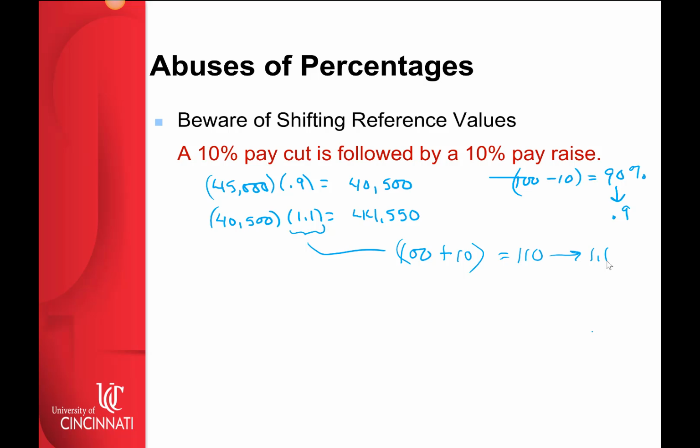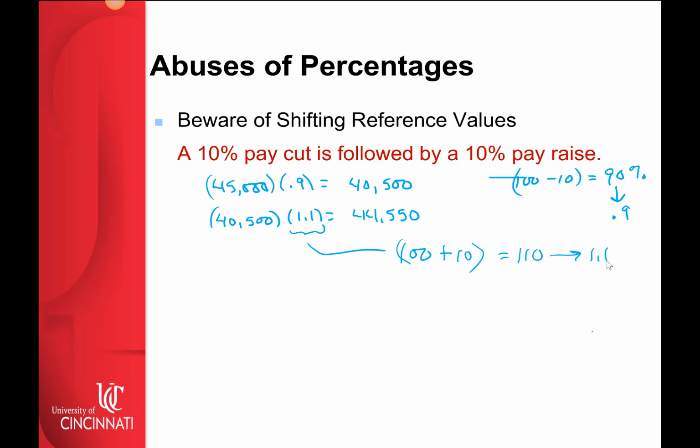What happened? Why isn't she back up to 45 grand? They gave her back 10%. Yes, sir. That's right, because the amount after the pay cut is a smaller starting amount now, isn't it? So if you take 10% of that, you're not going to get as much. 10% of a smaller number is not the same as 10% of a bigger number.